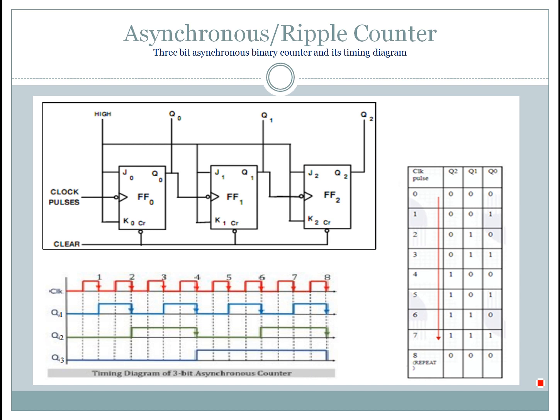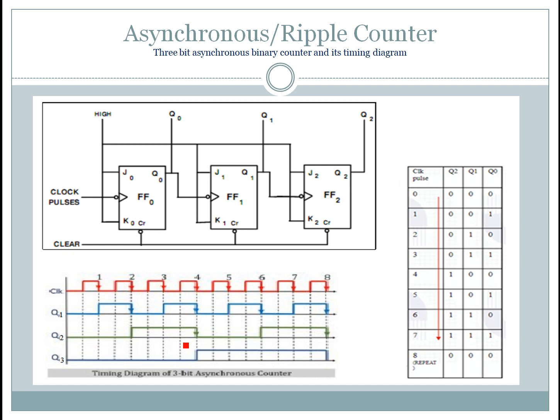So next one is 3-bit asynchronous binary counter. This is the circuit diagram of 3-bit asynchronous binary counter, and here you can see the truth table, and this is the timing diagram of 3-bit asynchronous counter. So first, whenever we are going to design any counter, we have to decide how many flip-flops are required.